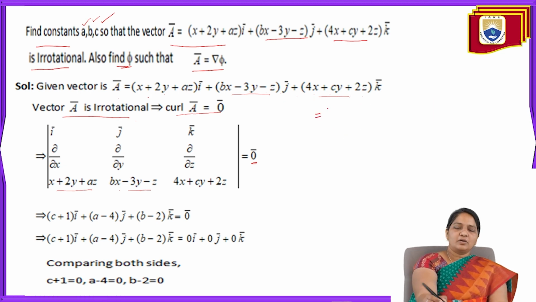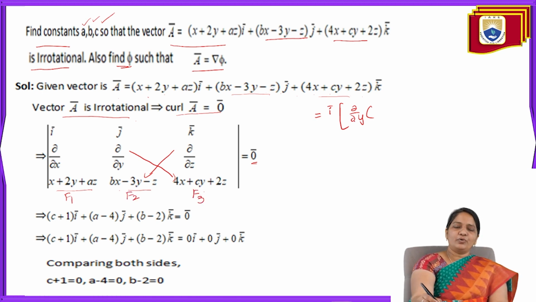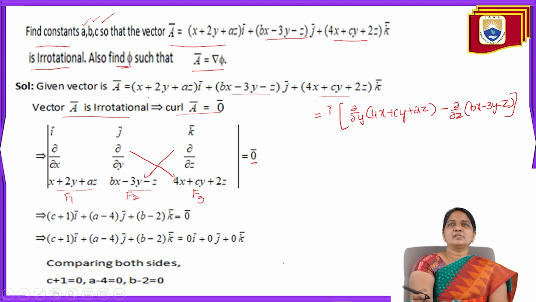So here for the curl of the vector, we are doing the cross product. We are treating this one as F1, this is F2 and this is F3. Now, dou by dou y of 4x plus cy plus 2z minus dou by dou z of bx minus 3y minus z. This is the first term.